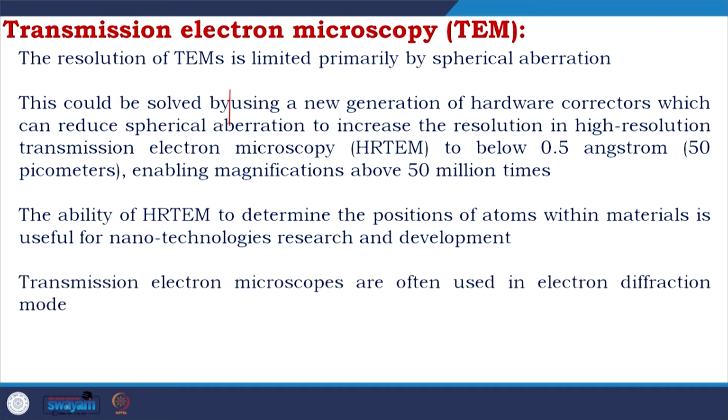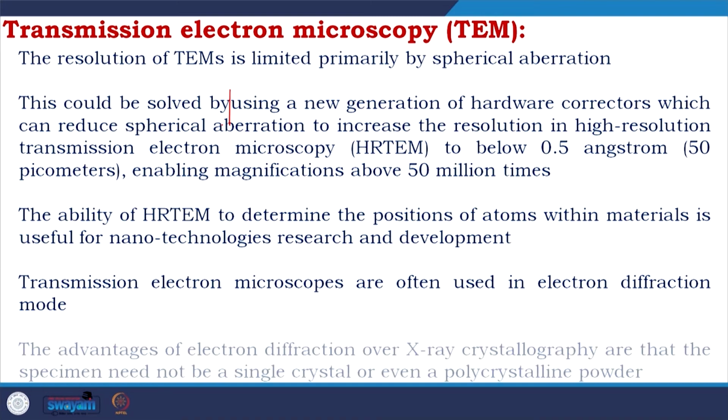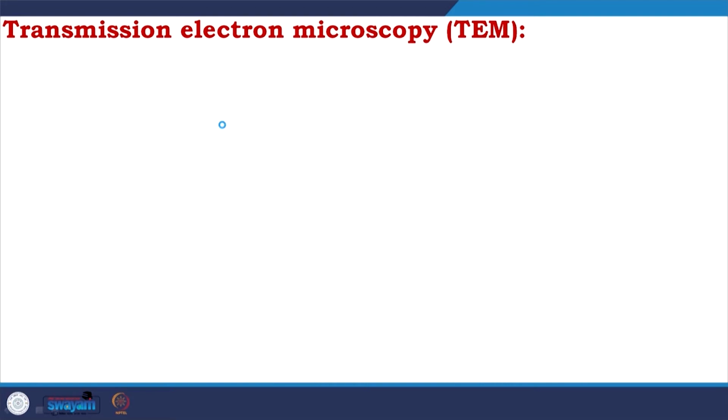Transmission electron microscopes are often used in electron diffraction mode. The advantages of electron diffraction over X-ray crystallography are that the specimen need not be a single crystal or even a polycrystalline powder. So, all we faced there in X-ray crystallography, you do not have to face it here.